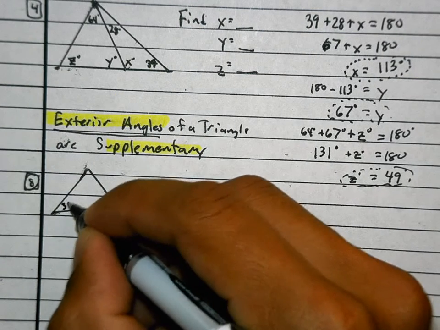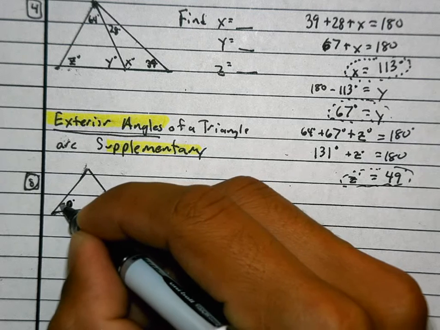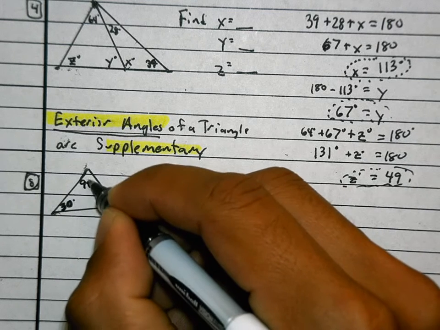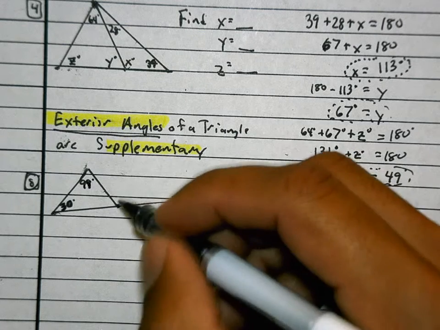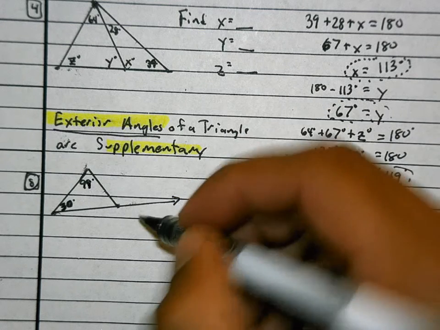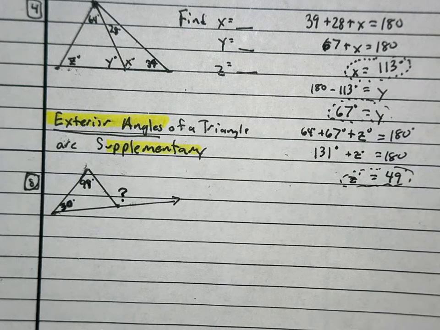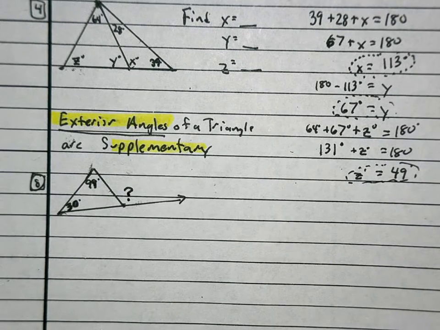30, 99 degrees, and I'm going to put a question mark right there. The question mark is an exterior angle.